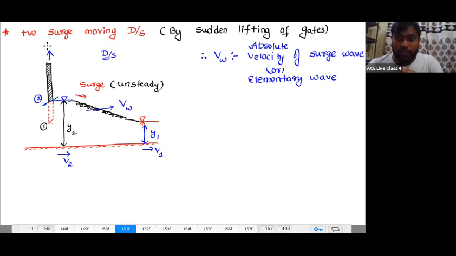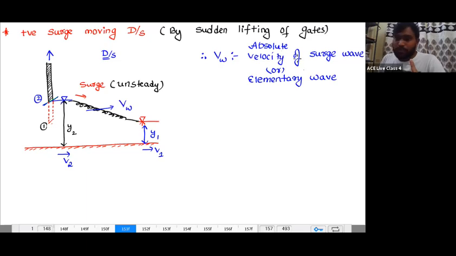Before sudden lifting of the gate, it is steady. And if you suddenly lift the gate, the water level rises, and this surge will travel to the downstream with some new velocity known as VW. And this VW is responsible for converting the flow from steady to unsteady.